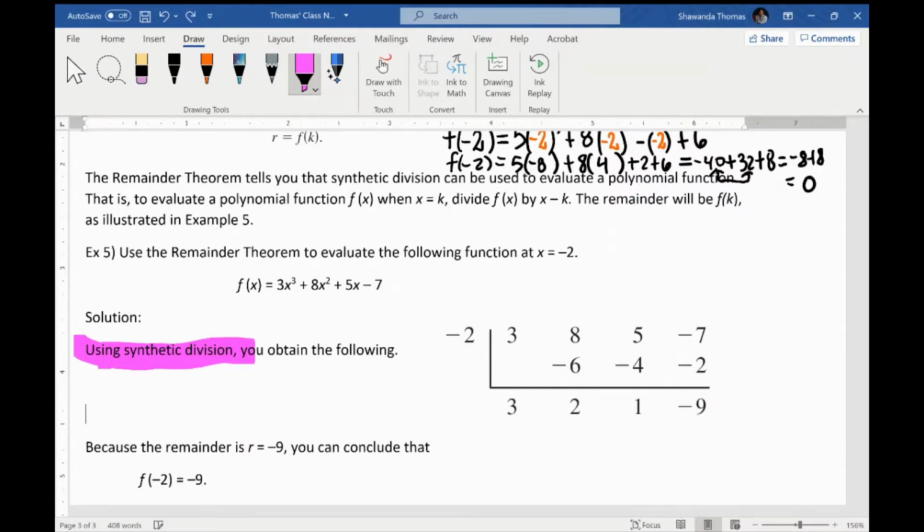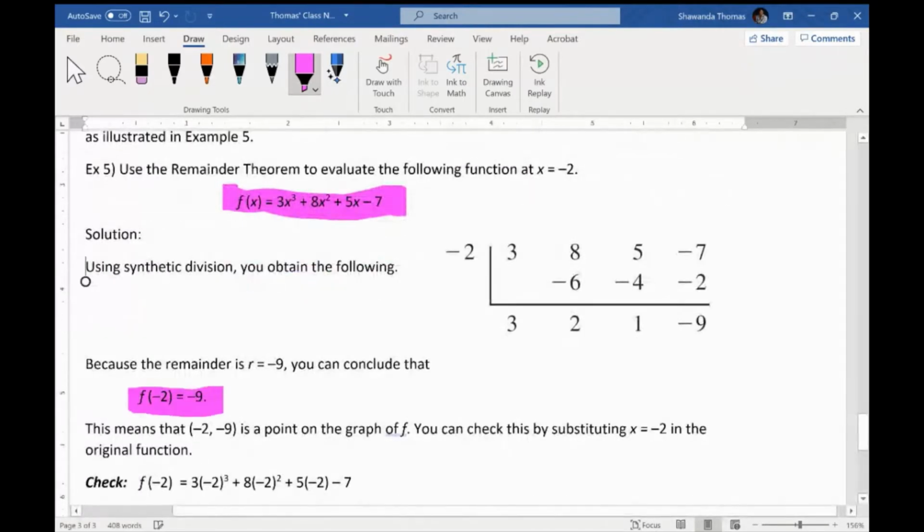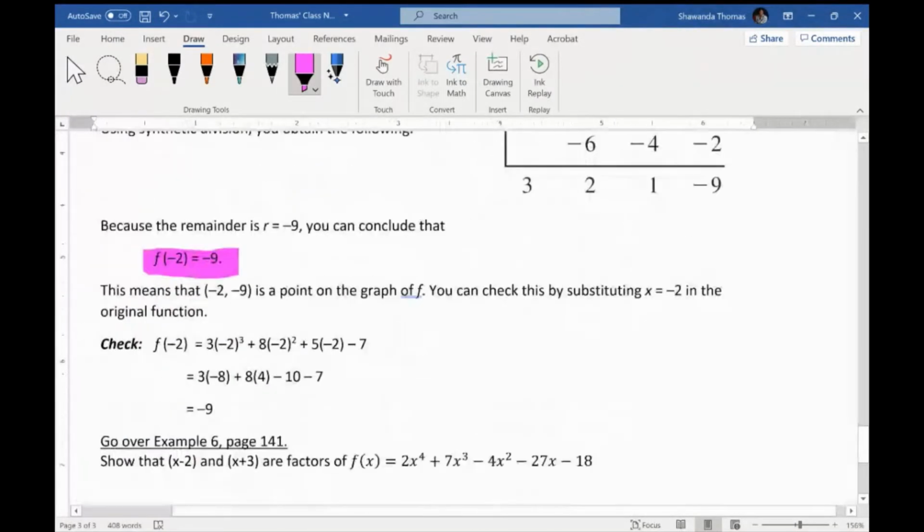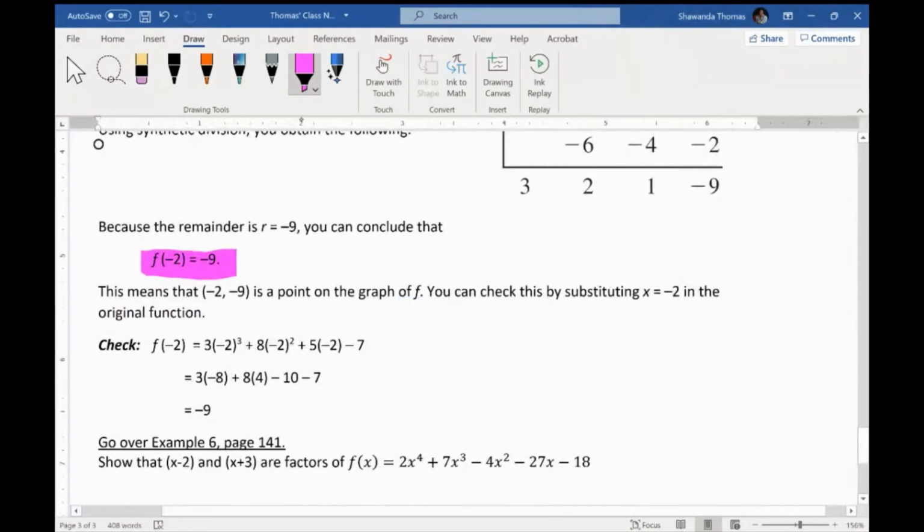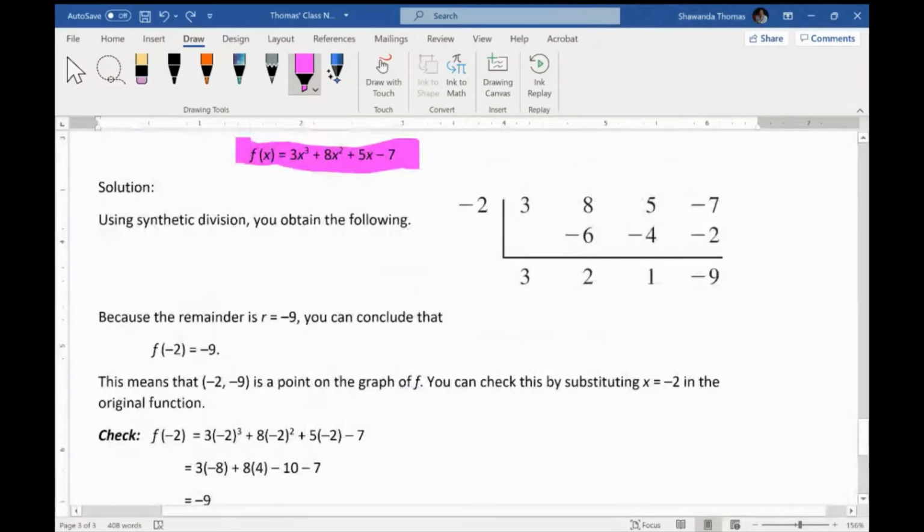So they are saying if you evaluated this function right here at -2, it's going to equal -9, believe it or not. And then we did a check. Prove it right here: f of -2, plug it in, you get -9. Kind of cool.